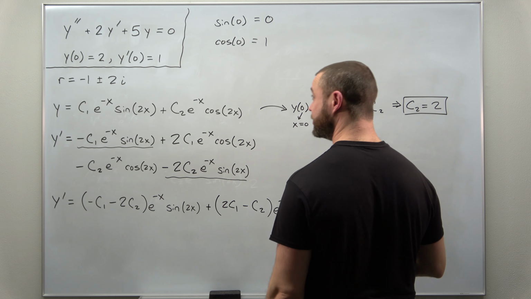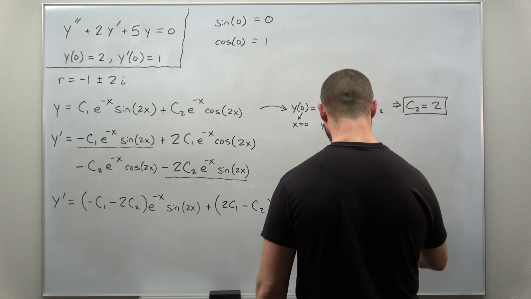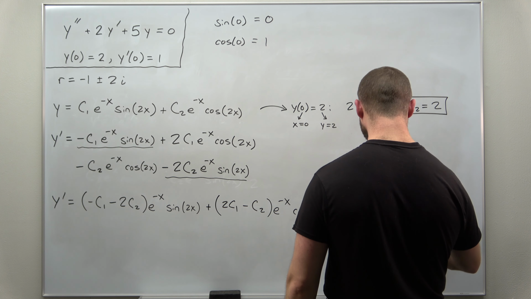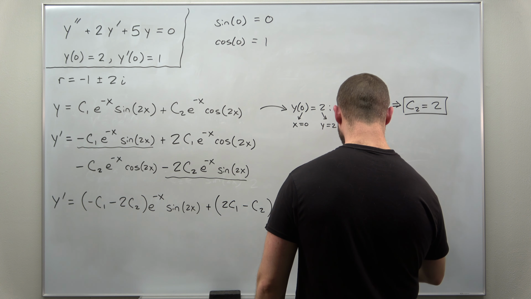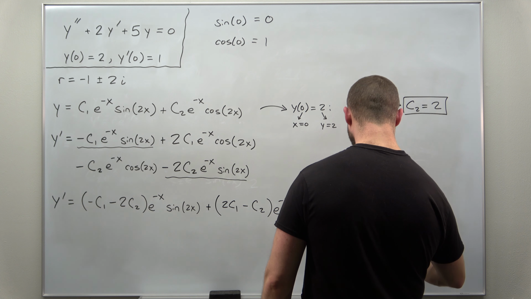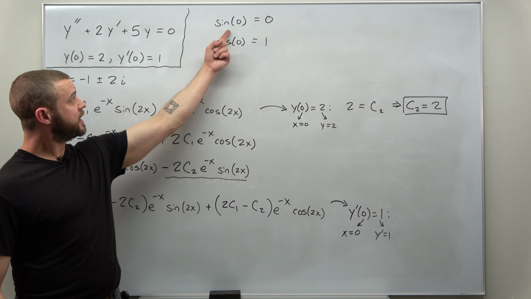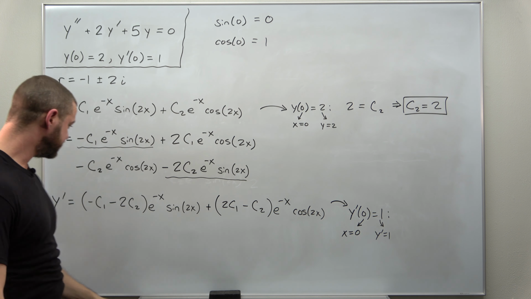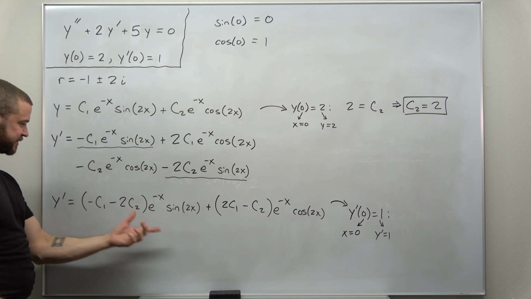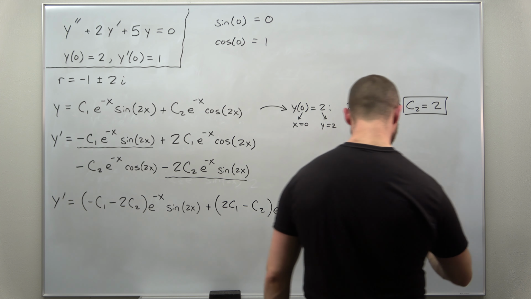And we're going to plug in the derivative initial condition to this mess of y prime. So our derivative initial condition is y prime of 0 equals 1. So again, we're plugging in x as 0, y prime as 1. And again, we know the sine term is going to evaluate to 0. So we can kind of cut out some of the work here. y prime is going to become 1.